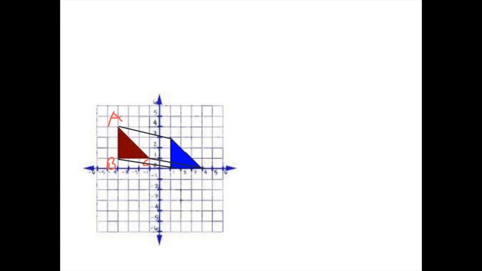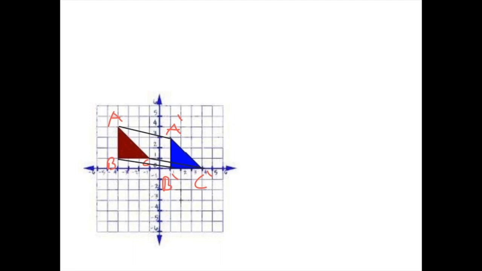Since this new triangle is the image, its vertices will be known as A prime, B prime, and C prime, with little apostrophes being noted as prime.